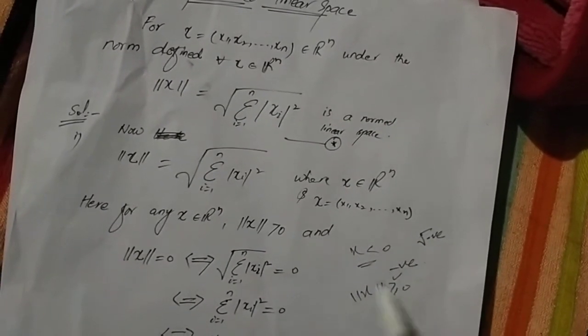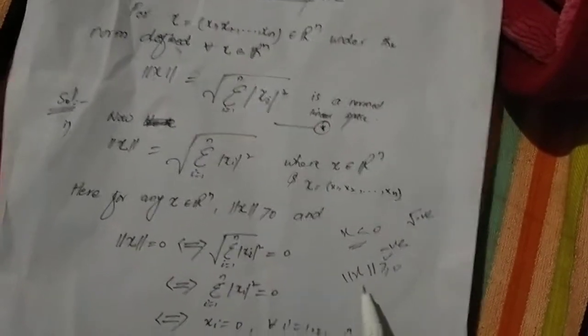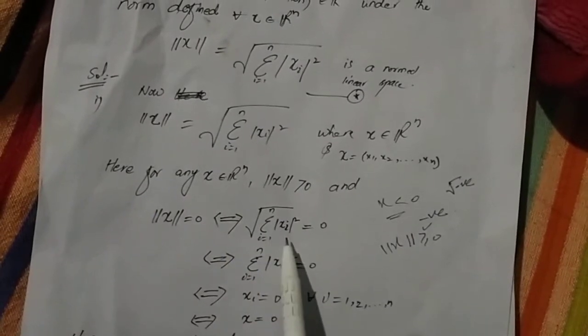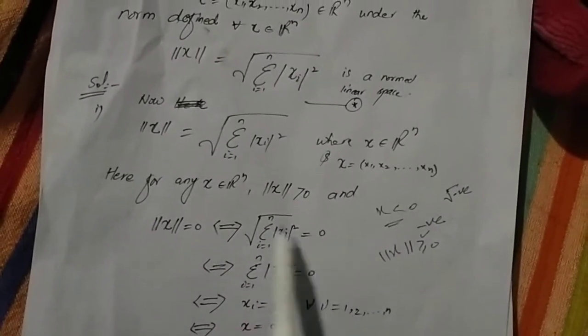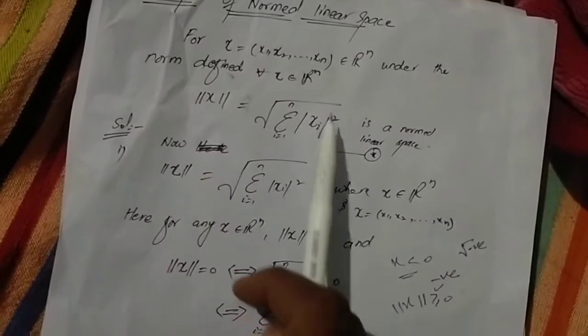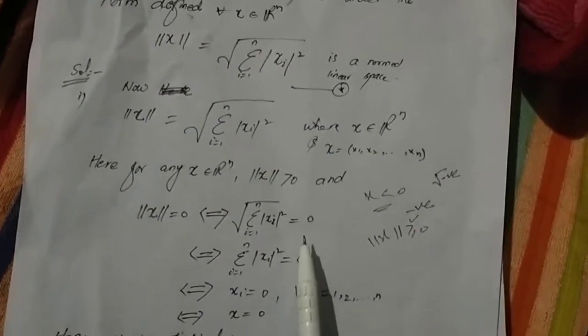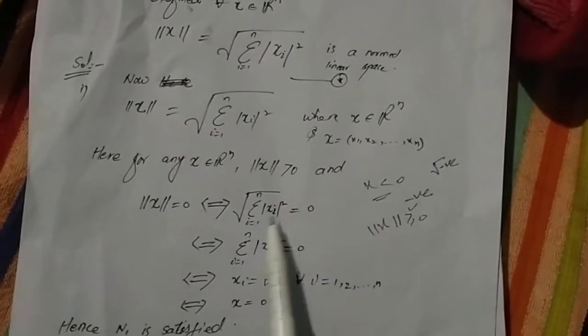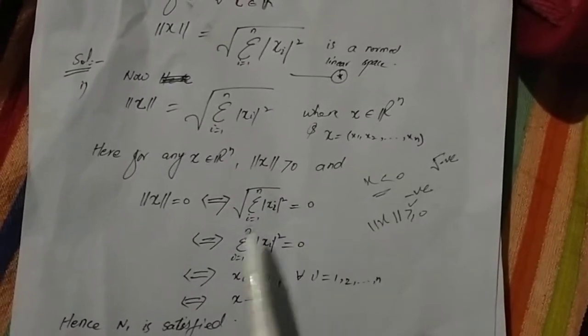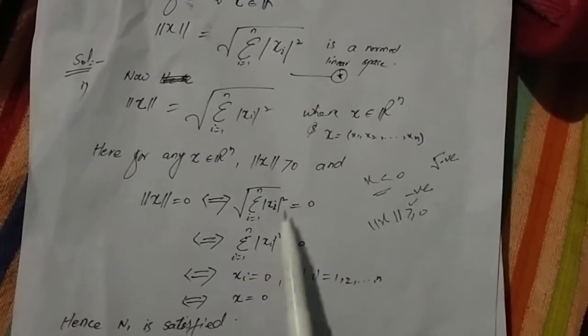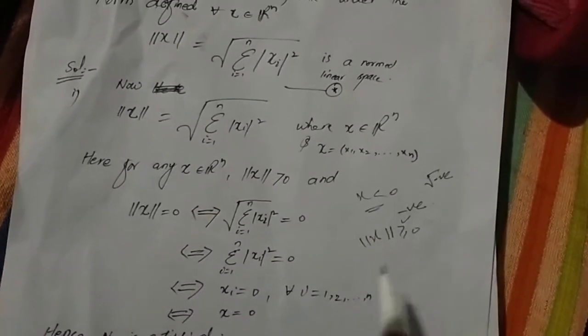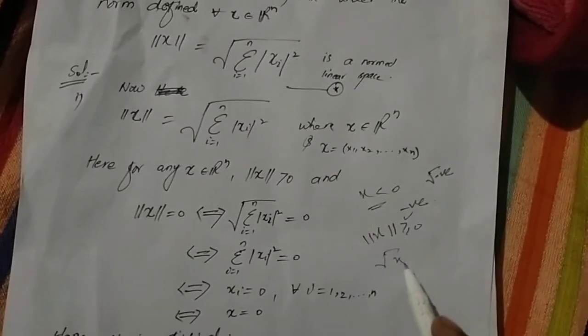Greater than is proved. Now we have to prove what happens if the element x equals 0. The norm of x equals 0 if and only if the square root of the sum from i equal to 1 to n of xi squared equals 0. This is 0 if and only if the inner element of the square root is 0.